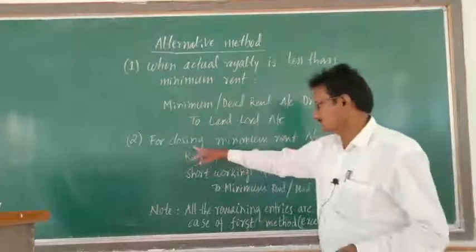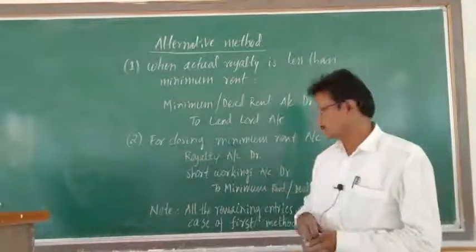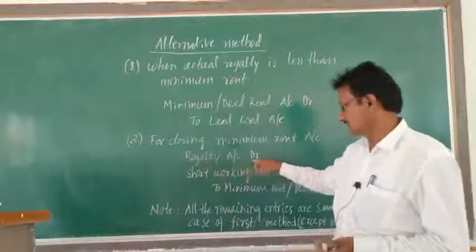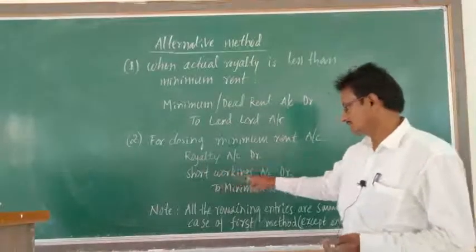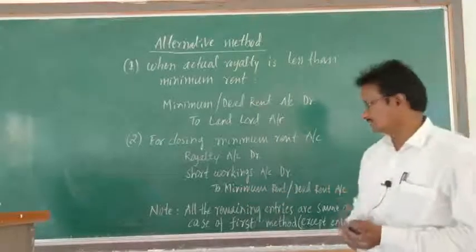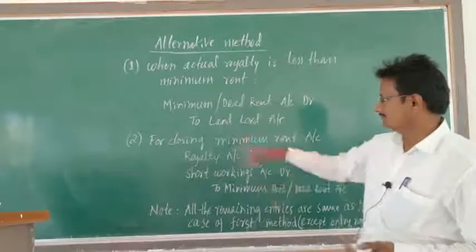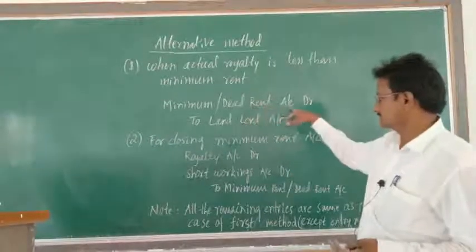So for closing minimum rent account, the journal entry is royalty account debit, short workings account debit to minimum rent or dead rent account. So in the first entry, minimum rent account is debited.